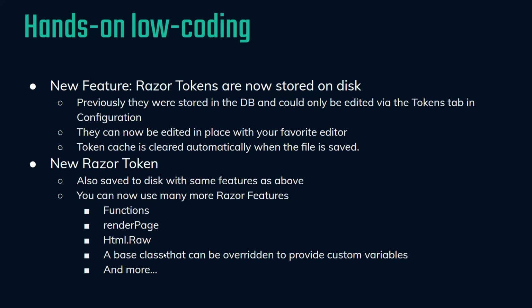There's also a base class that can be overridden to provide custom variables in all your tokens. That's an advanced topic. We're not going to take a look at that today, but I just wanted to note that it is available.